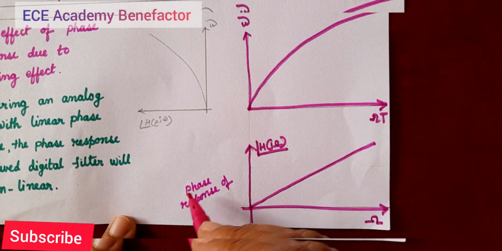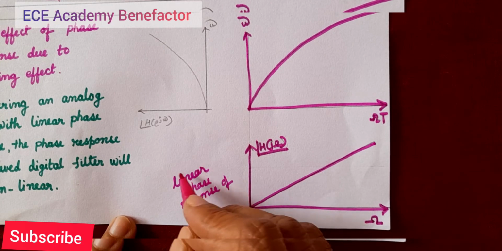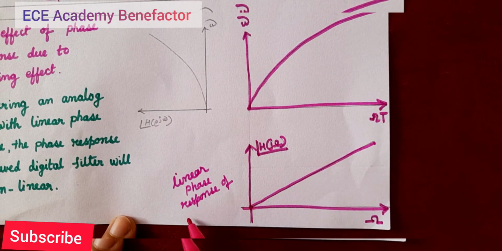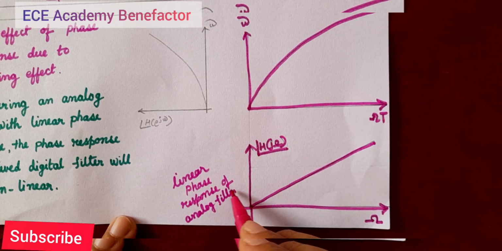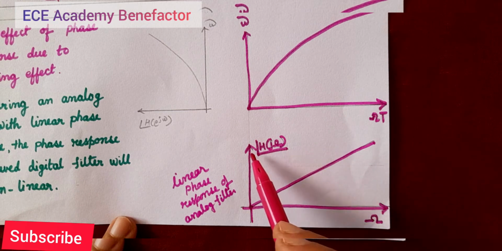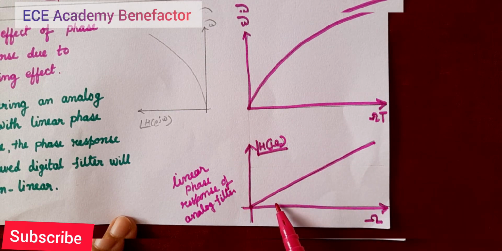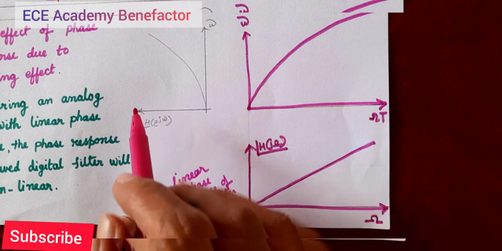When we are giving this linear phase response of an analog filter to the bilinear transformation method, how is the graph resulting?